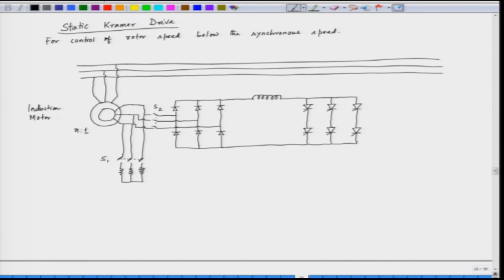The output of this SCR bridge is connected to a transformer. We have maybe a star to star transformer connected to the SCR bridge.